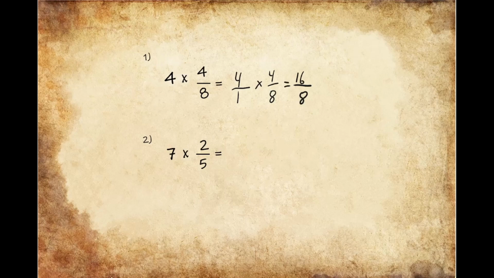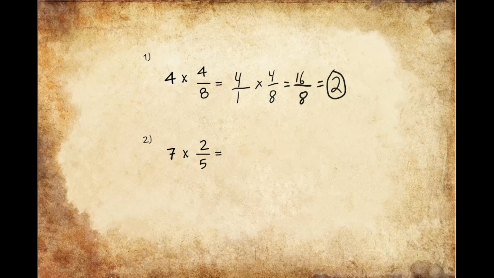Well, we know that 8 goes into 16 2 times, so if we divide 16 by 8, we get 2. So 4 times 4/8 gives us a product of 2 because there's no remainder left over.